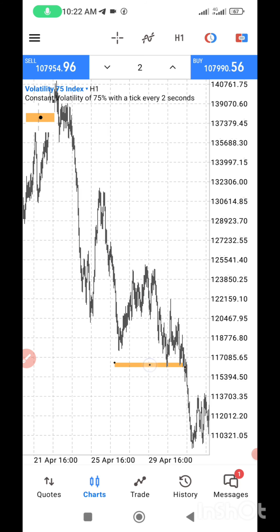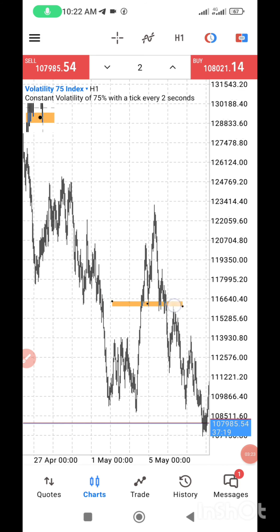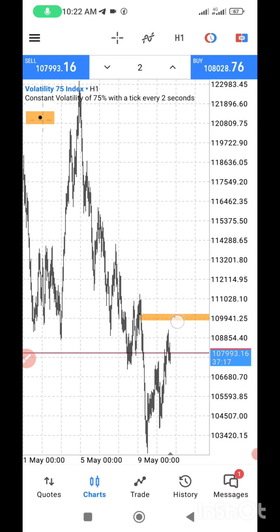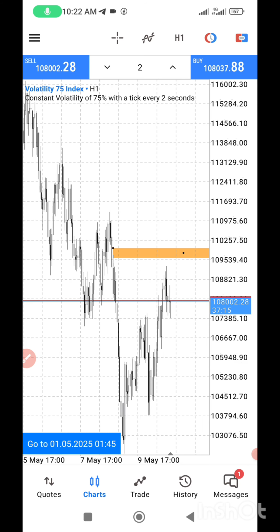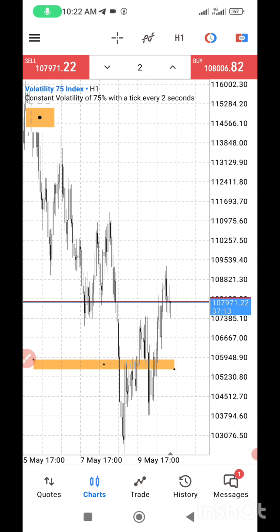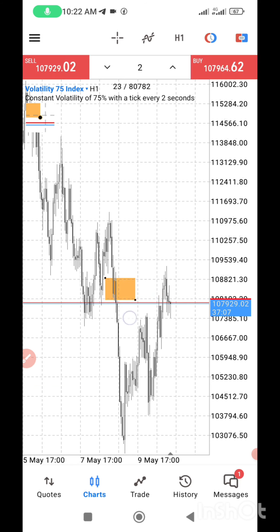These types of signals or trades have zero drawdown, meaning that they don't actually draw down. Now, if you look at what's happening here, from here to here is a minimum escape range.